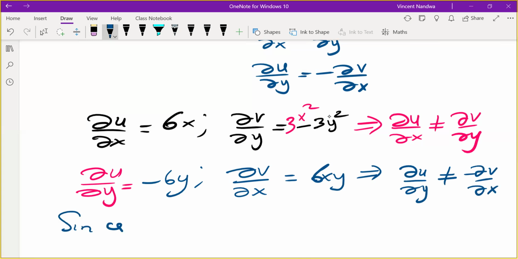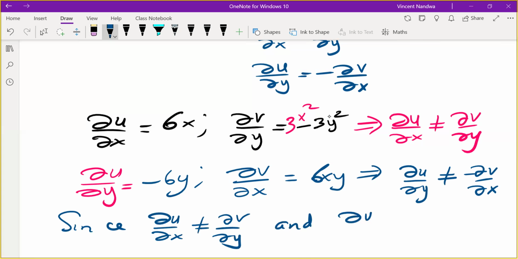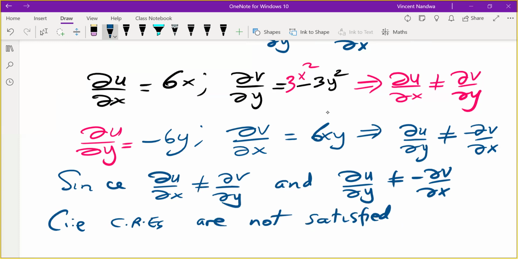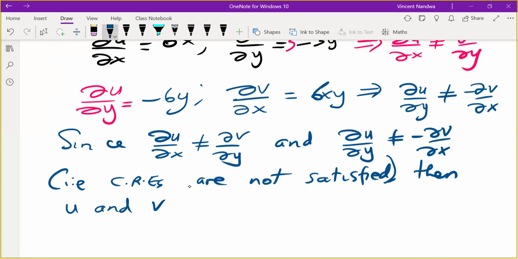So since partial u partial x is not equal to partial v partial y, and partial u partial y is not equal to negative partial v partial x, this simply means the CREs are not satisfied, then u and v are not conjugate harmonic functions.